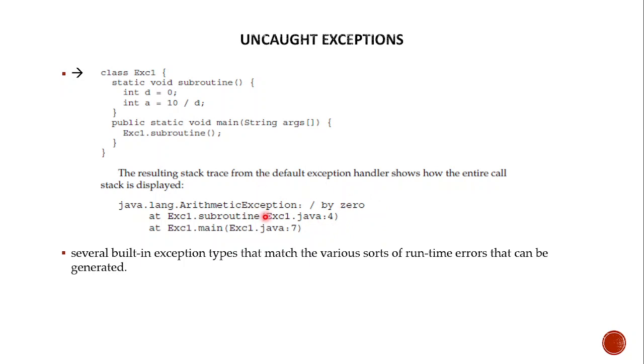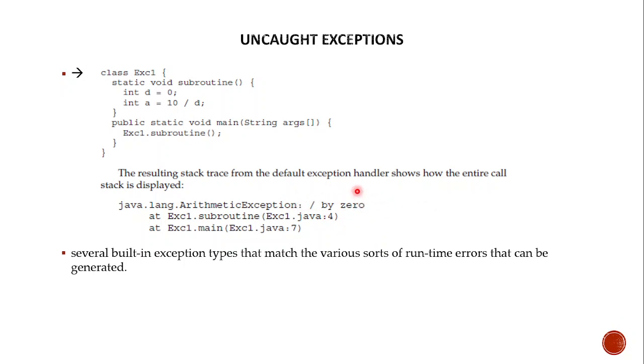So the call stack, whatever you can see, is very useful for debugging because it tells us precisely at what step the error has happened. First it takes us to the point of the call, next it tells us where the main error is, and it also tells us the type of the error: an ArithmeticException, divide by 0.